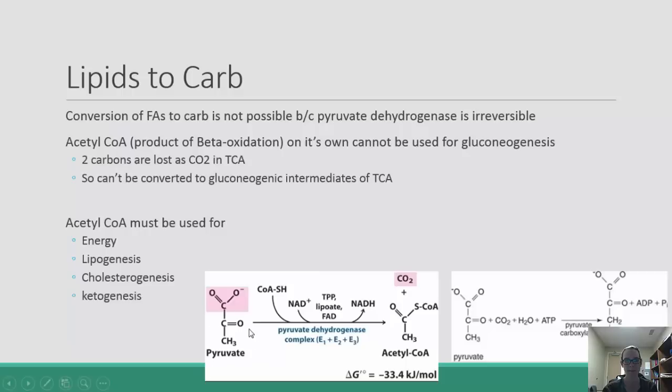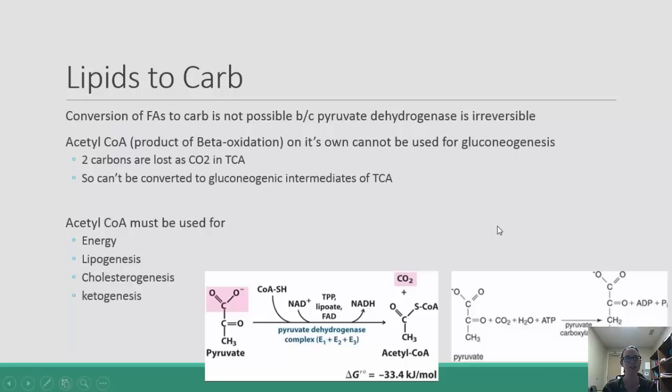So here we have our pyruvate, and then we have the addition of a CoA, the subtraction of a carbon, and the removal of our hydrogens from the pyruvate. So there are a lot of things happening here as it's converted to acetyl-CoA. And we do need to notice here that this pyruvate has 3 carbons, but the acetyl-CoA only has 2 carbons.